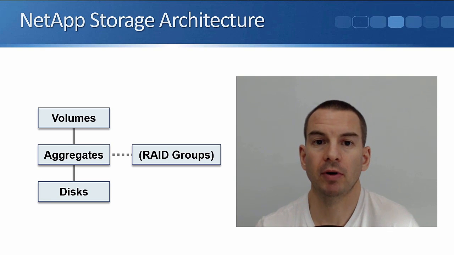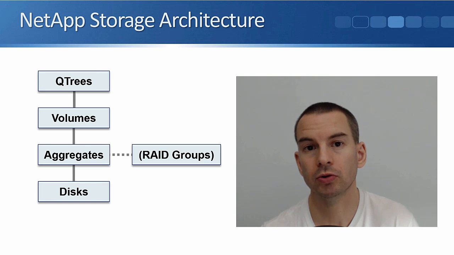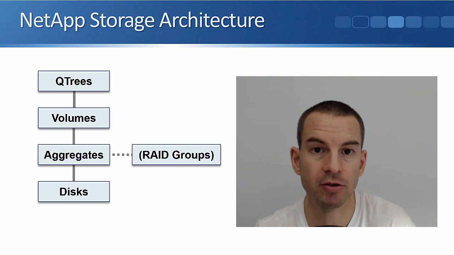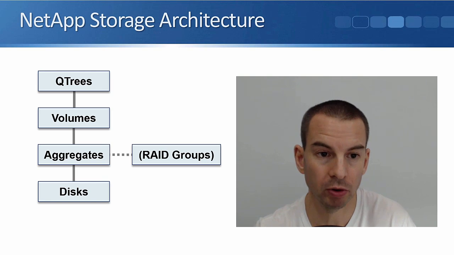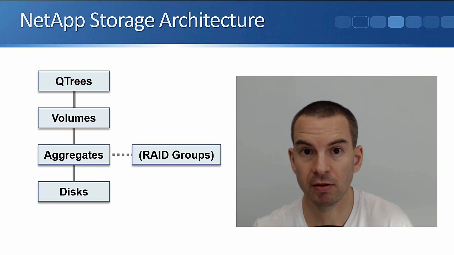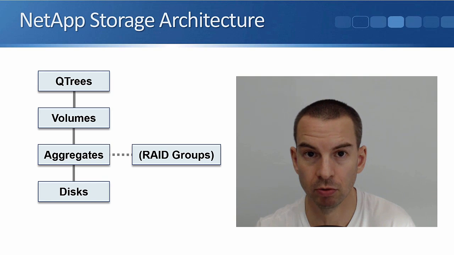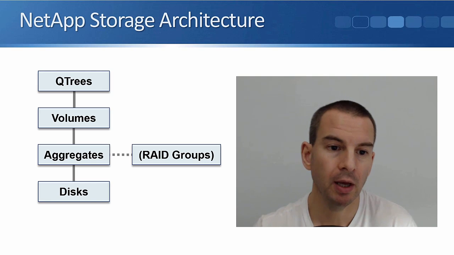Moving up the next level above that, we have our Qtrees. They're called Qtrees because the main function of them is to configure quotas. So you could limit the total size of a Qtree or limit the amount of space that a user or group can use.